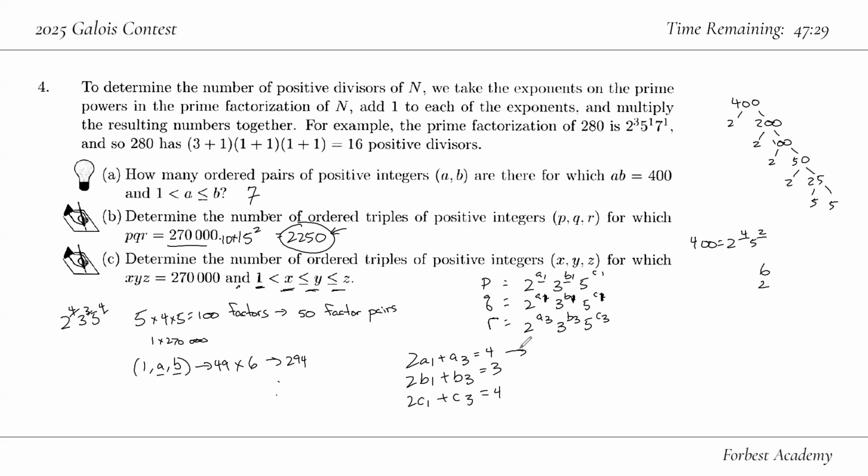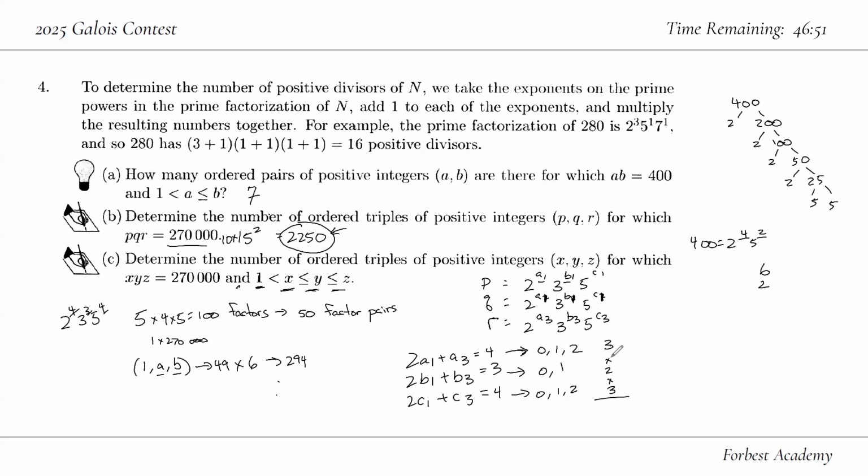So the solutions to this, not putting any restrictions on whether or not A1 has to be bigger or smaller than A3: A1 could be 0, 1, or 2. B1 could be 0 or 1, and C1 could be 0, 1, or 2. So we have 3 times 2 times 3 ways of doing this.